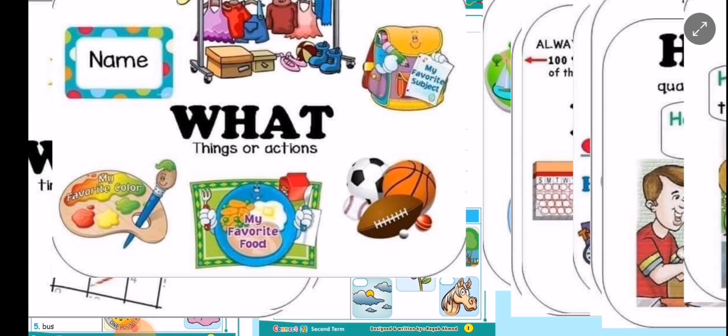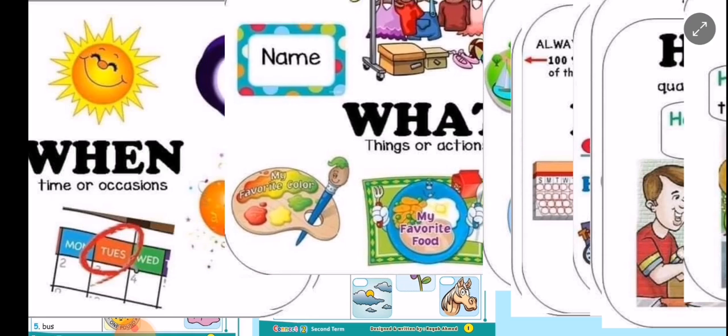We use what to ask about things or information. What's your name? What do you like? What are you doing? I am writing. This is an action. What's your name? My name is. This is information. This is the meaning of what, and how we use what in English.